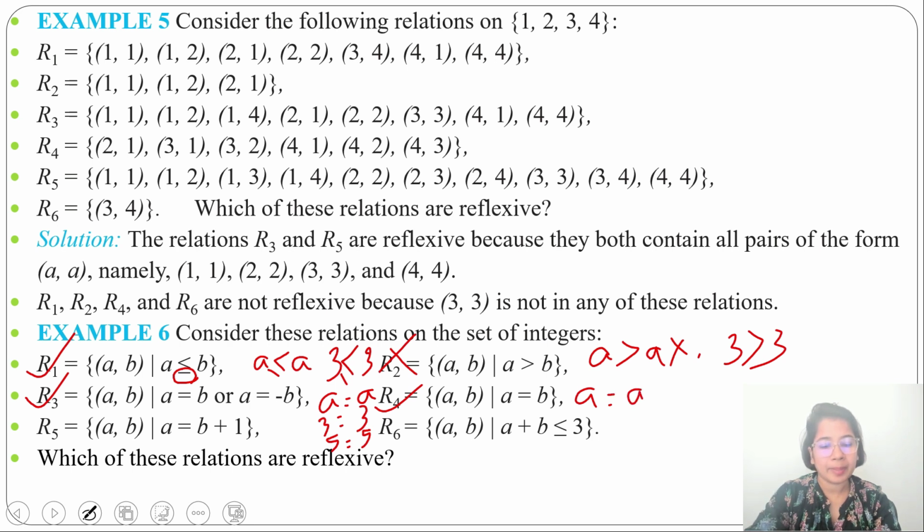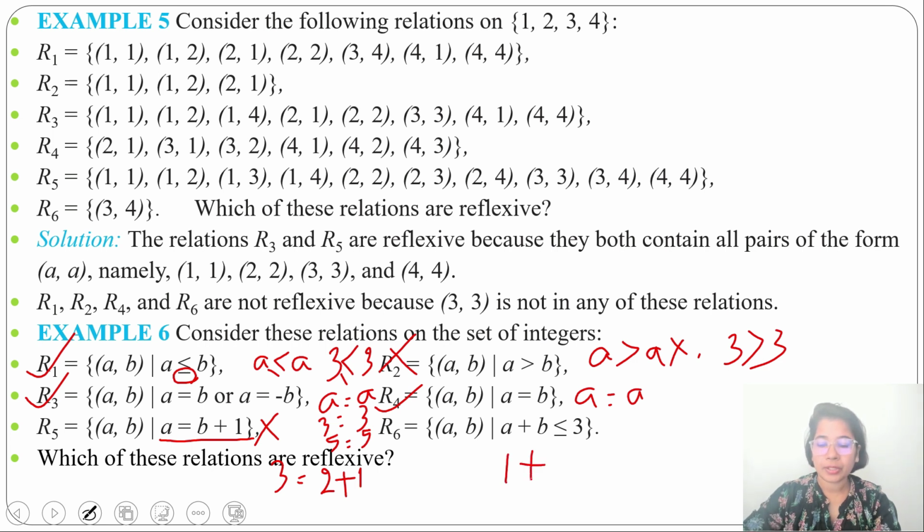Next R5, a equals b plus 1. This is not reflexive. 3 equals 2 plus 1, so (3,2) will be an ordered pair. In the case of reflexive, (a,a) should be the ordered pair. Here these are different numbers, so this is not reflexive. Next R6, a plus b less than or equal to 3.